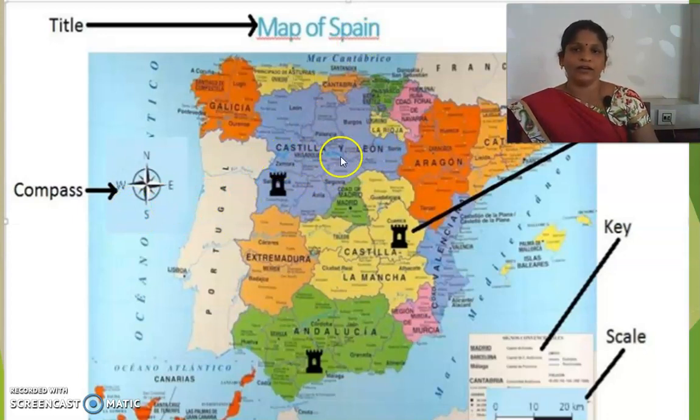Castilla is located west of Leon. How do we know this? With the help of the compass rose. Then here they have given symbols, that is the key or legend, which helps us to read the map easily. And at last we see the scale also in this map. Yes children, do you understand?